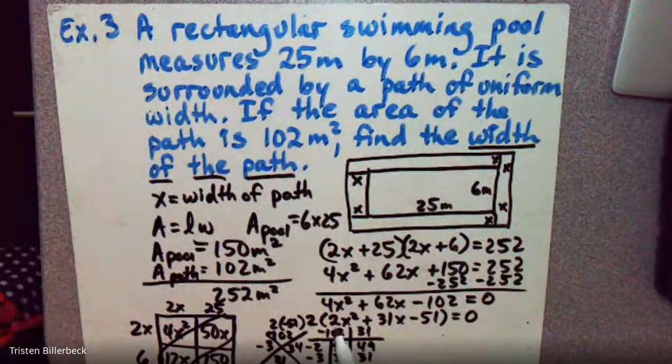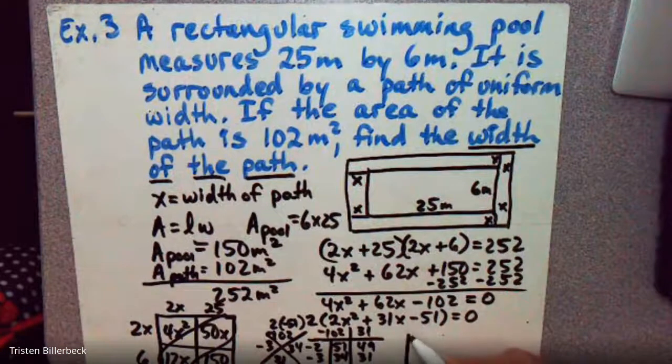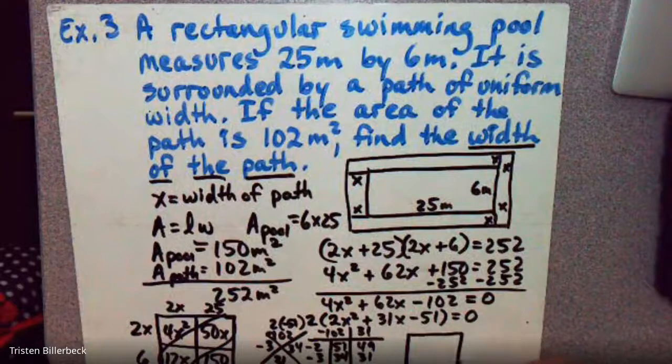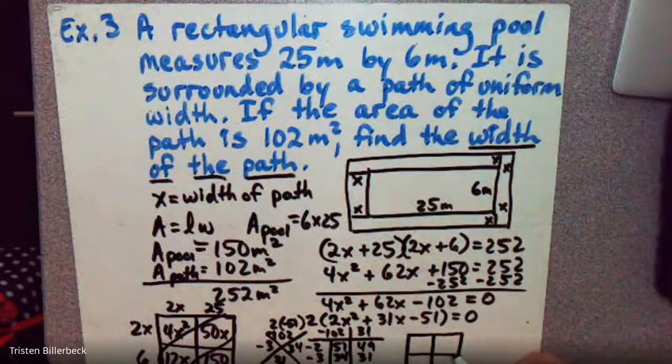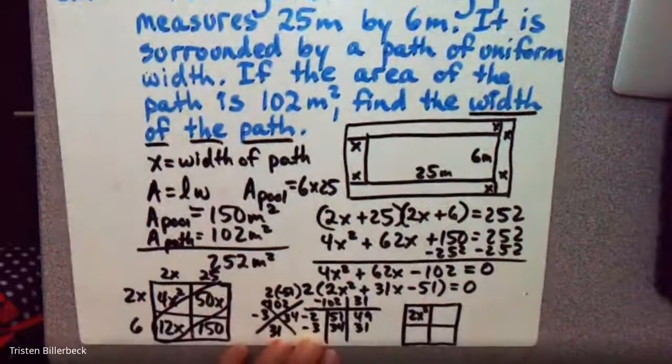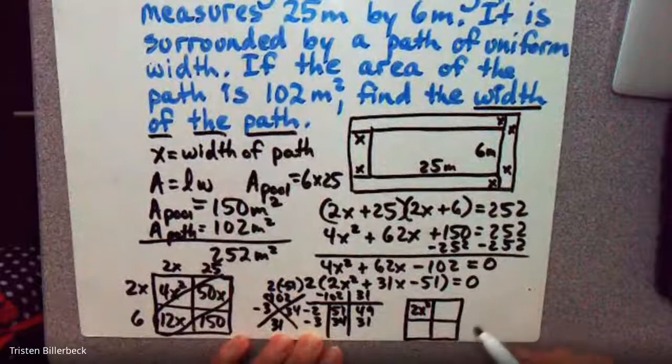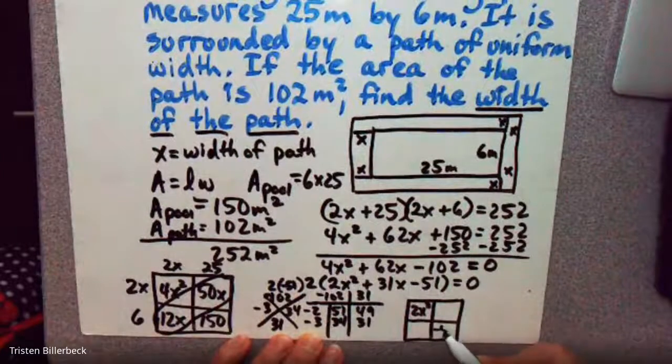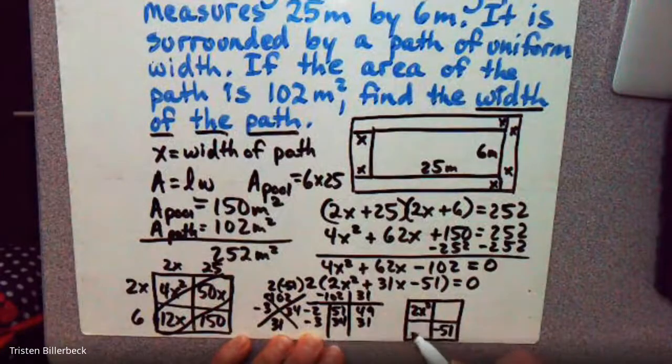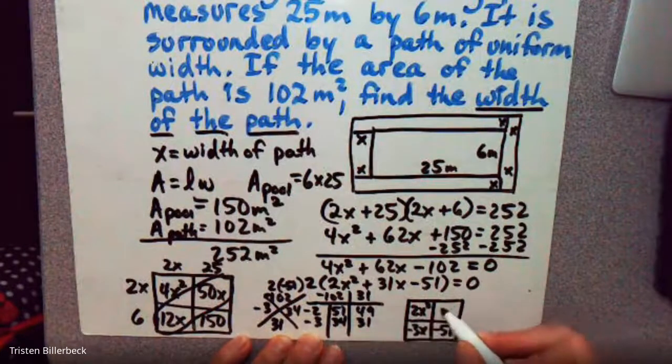All right, A was not 1, so we have to use the box. So we have 2x squared is our first term, and we have negative 51 here, negative 3x, and 34x.